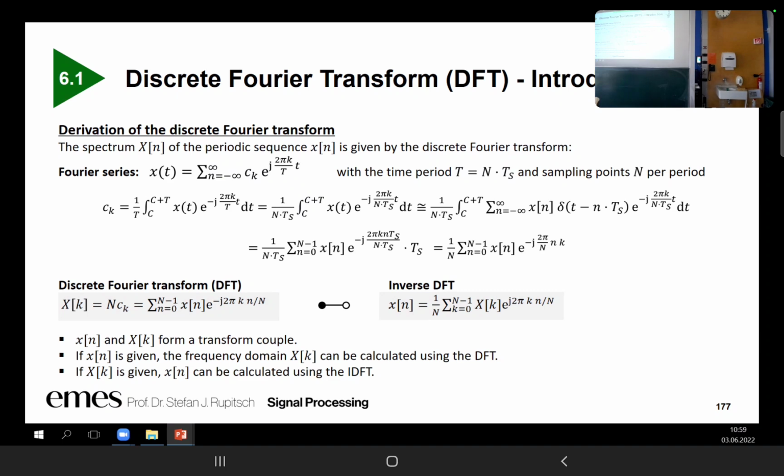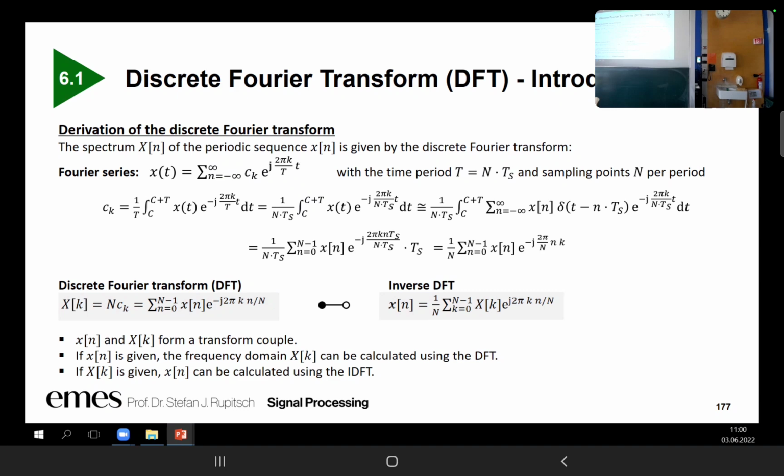The discrete Fourier transform and the inverse discrete Fourier transform, lowercase x[n] and uppercase X[k], form a transform pair. Here we are in the time domain, or in the original domain. Here we are in the frequency domain. We also call it the image domain, because it's the image of our original signal in another domain.